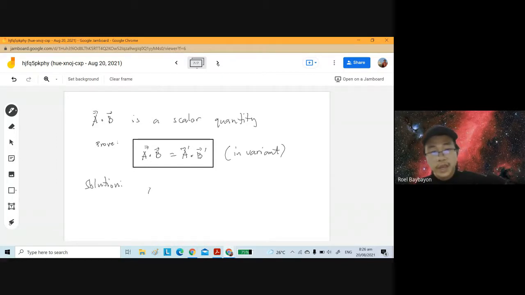We know this one, right? A prime is equal to the summation of j lambda ij aj. Okay?